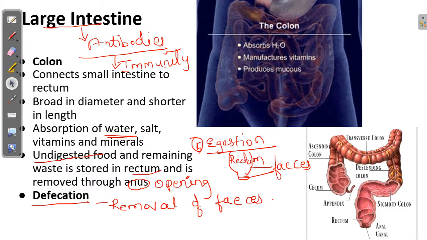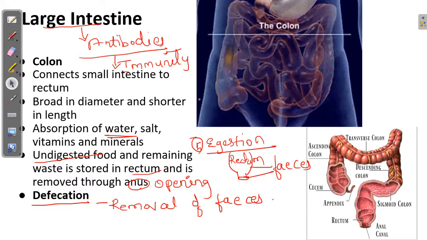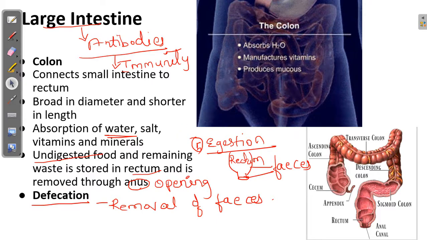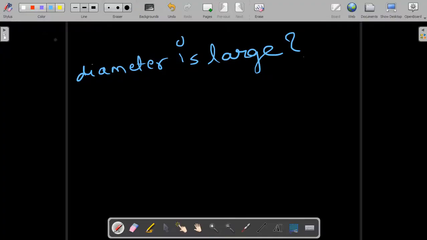Antibodies are important to enhance our immunity so that if any foreign particle enters your body, it can be killed by the antibodies present in your body. So that was all about the human digestive system.